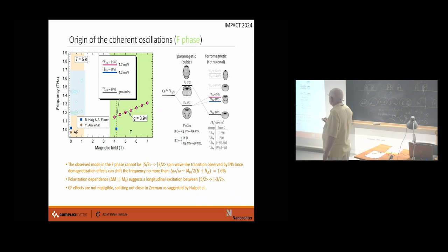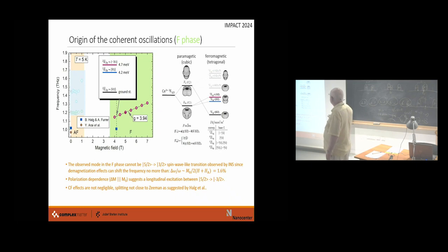So together with the neutron result, we can put this first, the lowest excited levels. So we have 3-half, nearly 3-half. These of course are gamma states. So this is the local function which they are derived from, at 4.2 millielectronvolts, while minus 3-half is at 4.7. So this is definitely very far away from any Zeeman splitting.